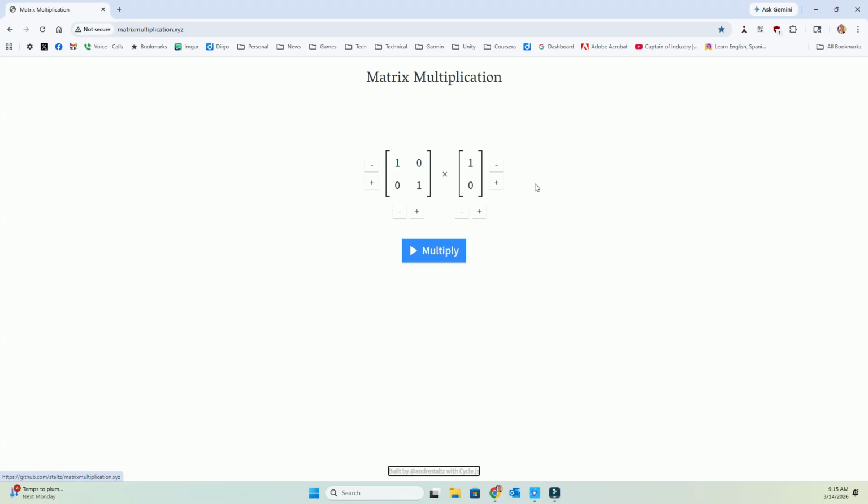And if we multiply this, you'll see something interesting happen. So we're going to click multiply. And the first thing that happens is that the web page takes the right-hand multiplication and places it on top of the left-hand multiplication to get things set up for the multiplication.